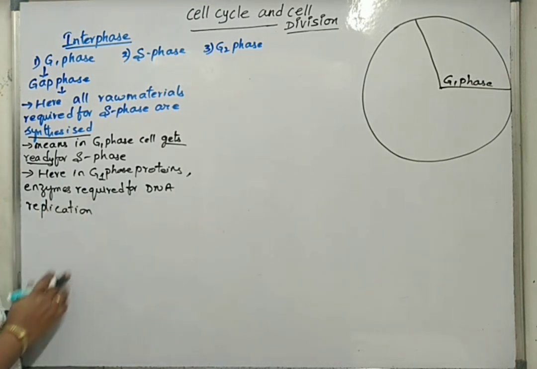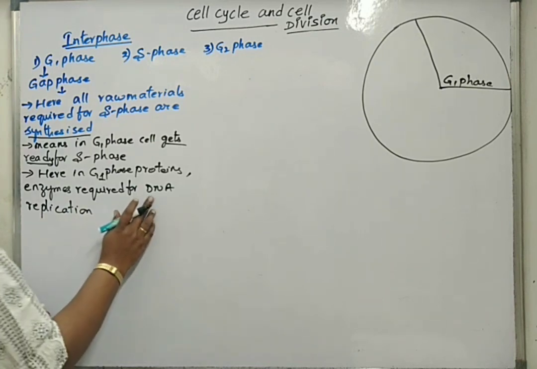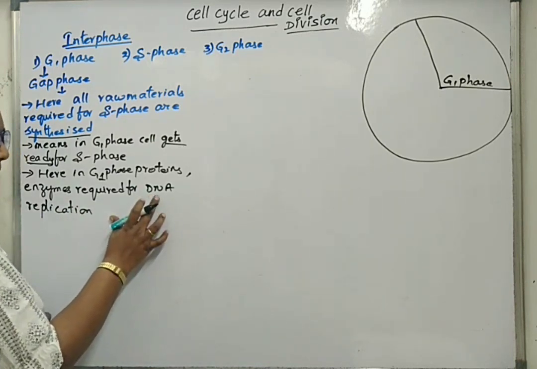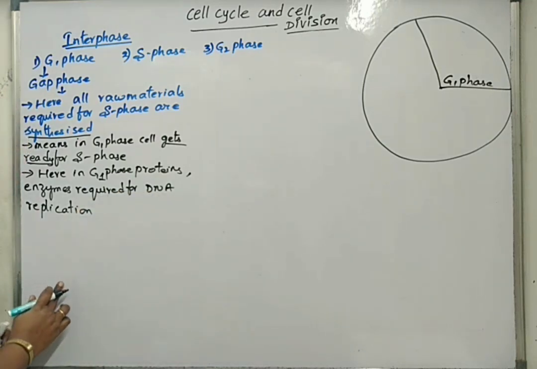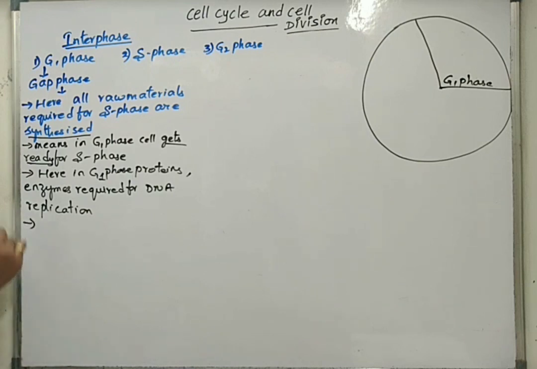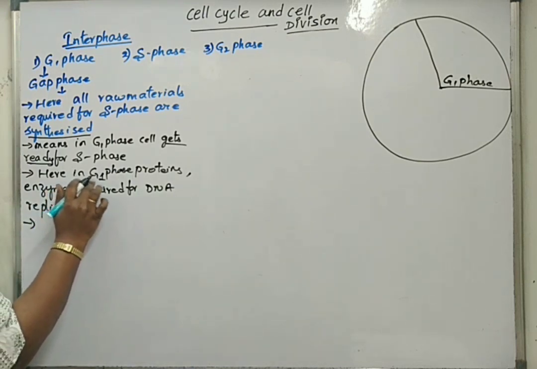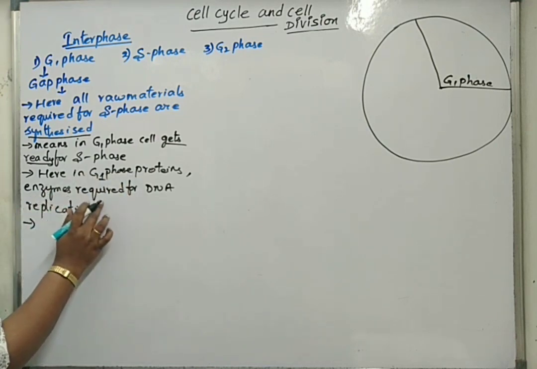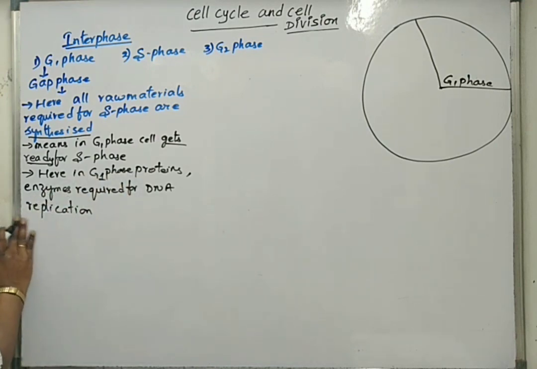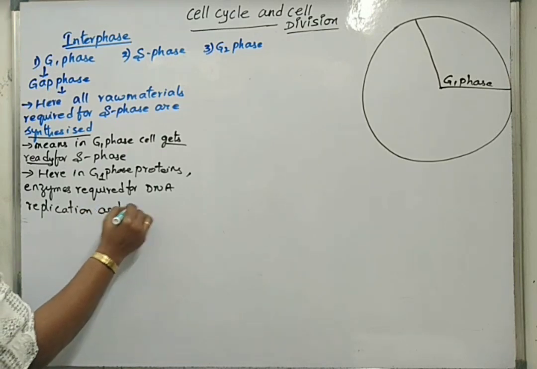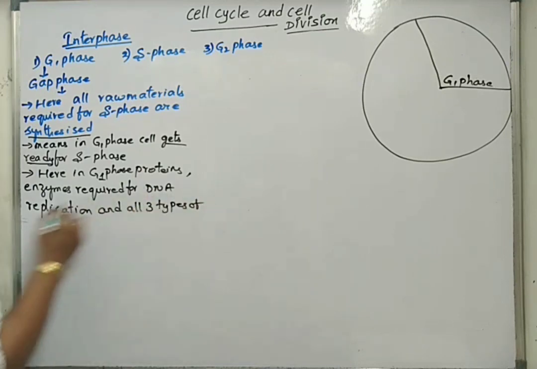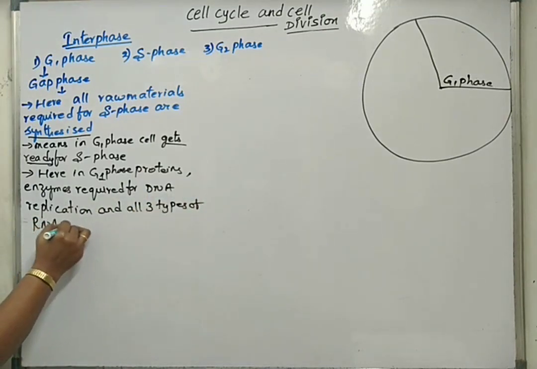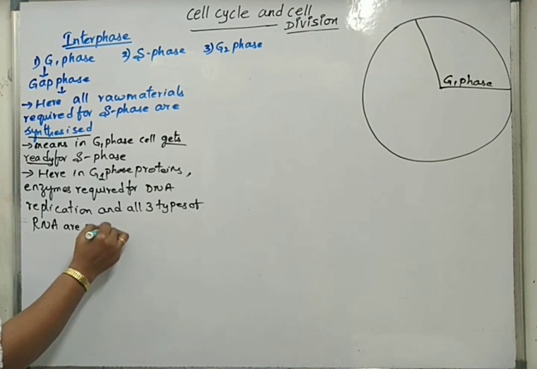What is meant by DNA replication? DNA replication means during this process, another copy of the same type of DNA is synthesized. Here in G1 phase, proteins, enzymes required for DNA replication and all three types of RNA are synthesized.